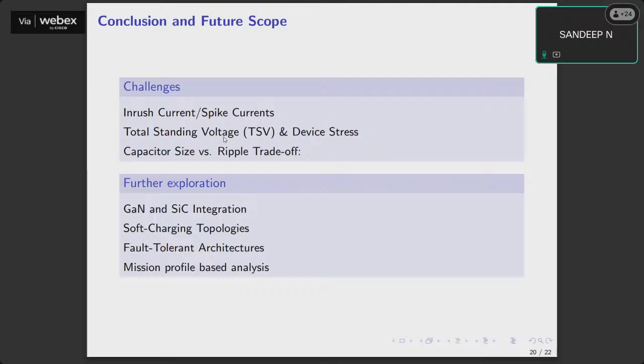So that remains one of the things: the structure has to be somehow designed so that the standing voltage is not very large. Okay. Then we have the capacitor size versus ripple trade-off. So this is the problem in the CGT inverter especially, because if you want to keep the ripples within an acceptable range, then the capacitor is going to increase. If that increases, again there is a loss that is going to increase.